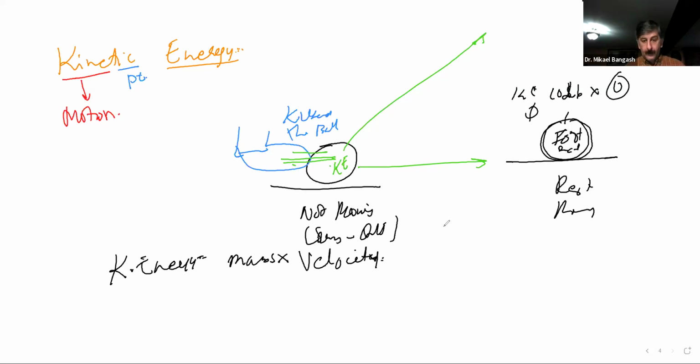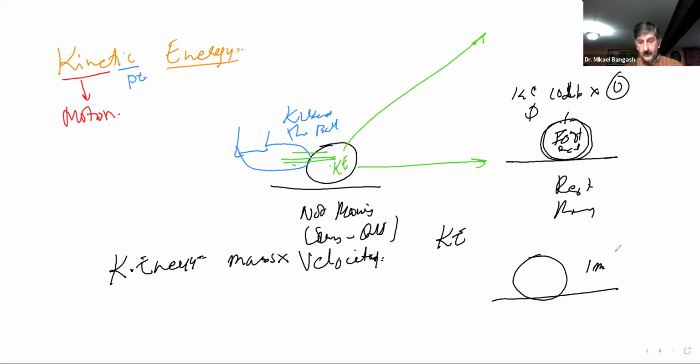Now, if we say that you want this ball here to move at a certain speed, let's say, for instance, 1 meter per second, and let's say it weighed 10 kgs, then you might have to use this much kinetic energy, joules, whatsoever that they call it.